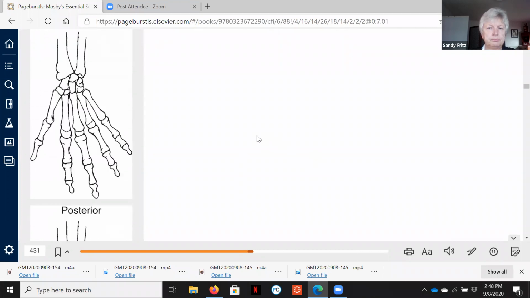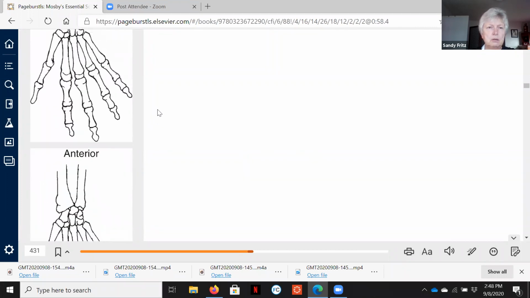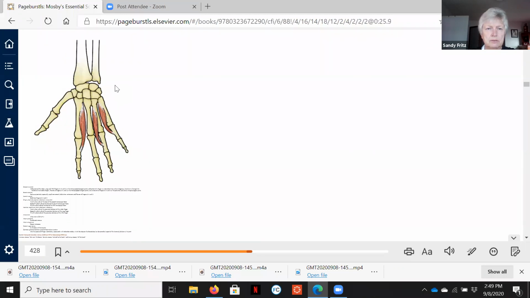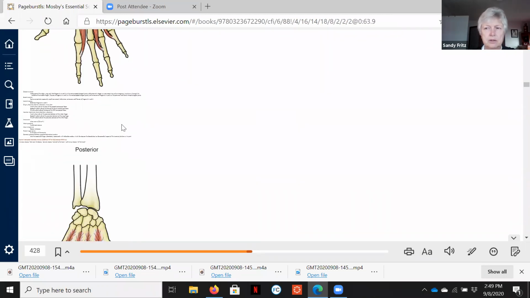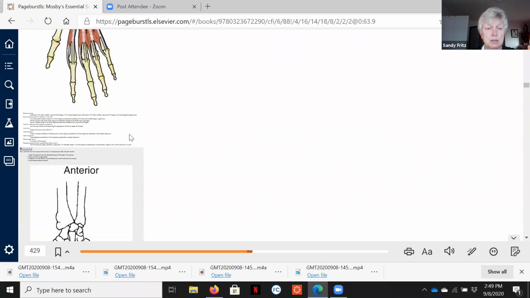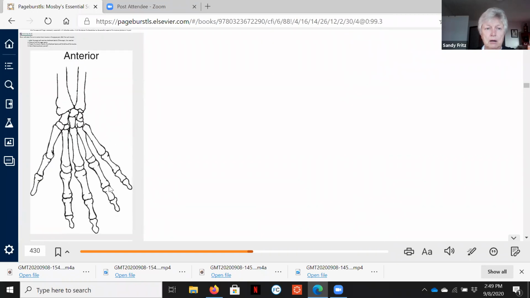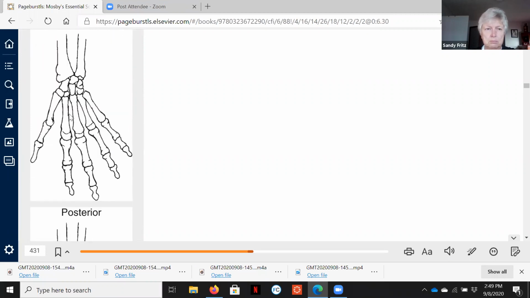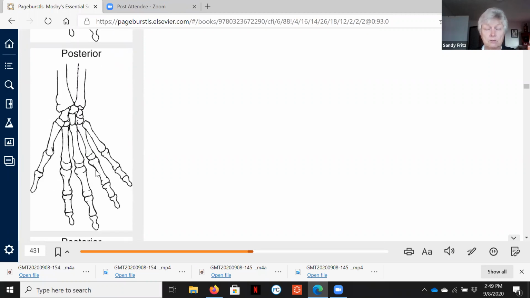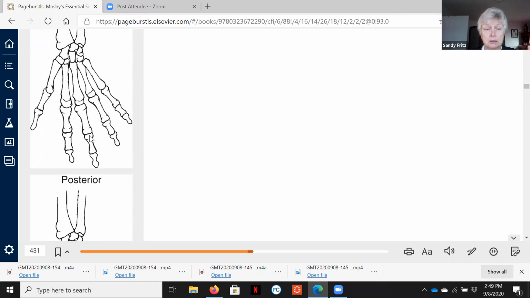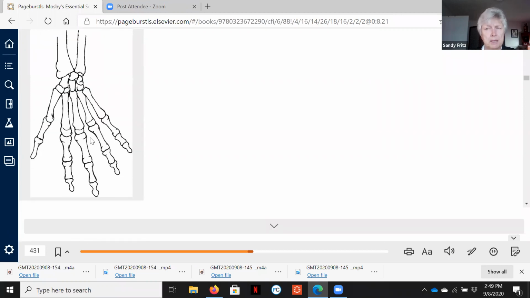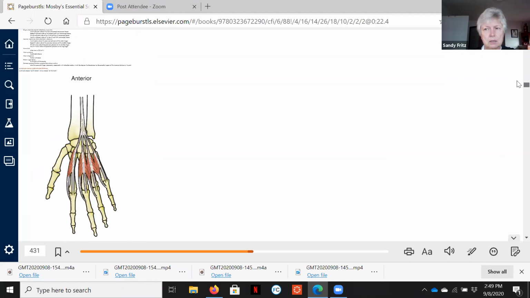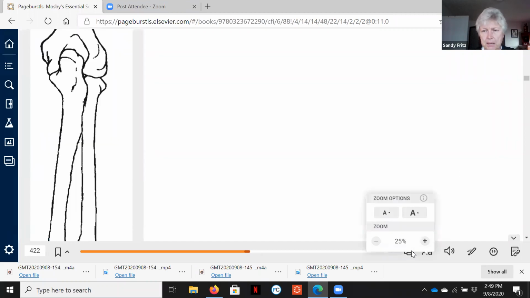So when you get to, after you get done with a particular area, so this happens to be where we're at the hand, but starting all the way at the face, then the head and scalp, there are skeletal drawings here for you to draw the muscles on. And don't skip on that. It really makes a difference, all right? So let's get our size back up.